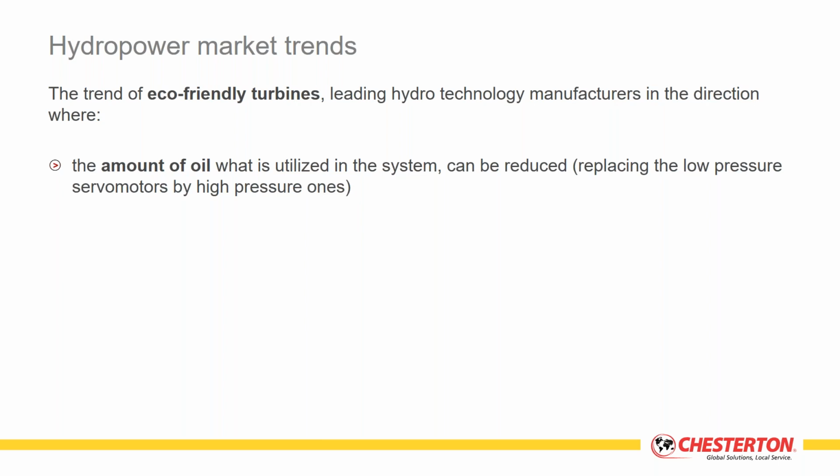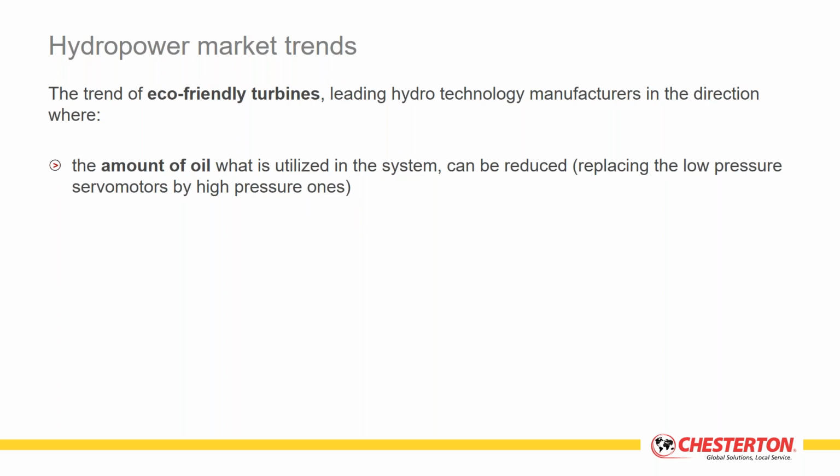And what we can see, especially in the last 2 decades, is that many of the turbine manufacturers and even companies involved in rehabilitation of existing turbine systems are moving from low pressure hydraulic systems to high pressure systems, meaning that through high pressure, they can reduce the size of the hydraulic units in the system, meaning that smaller units, like smaller hydraulic cylinders, are going to need less oil in the system.